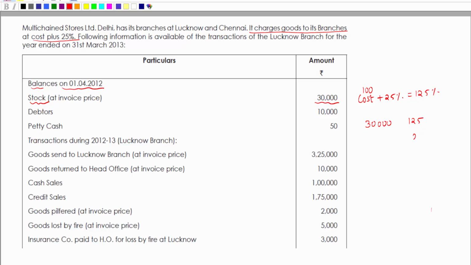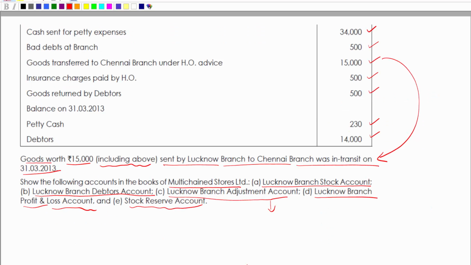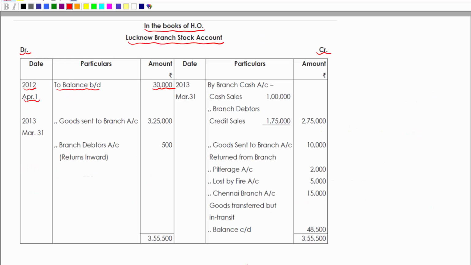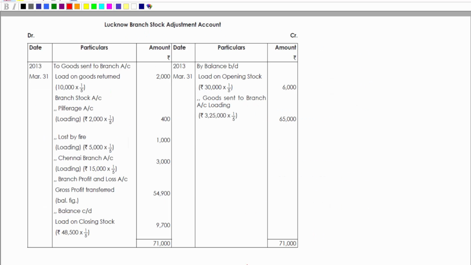If you want to know what is the profit that is loaded, you have to do the cross multiplication. That is 25 multiplied by 30,000 divided by 125. That will go to an account called branch adjustment account. So we have here Lucknow branch adjustment account.